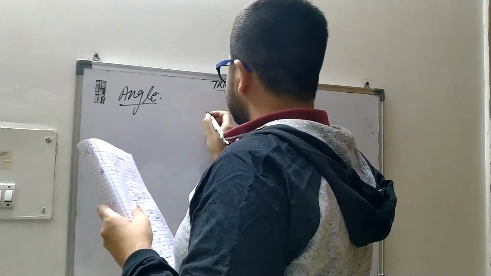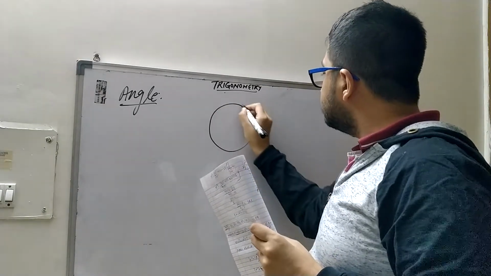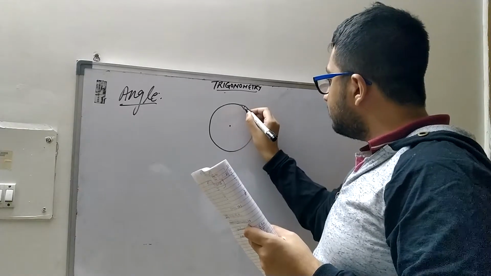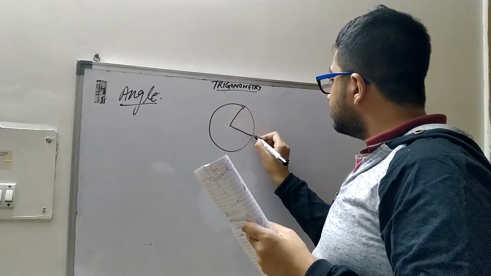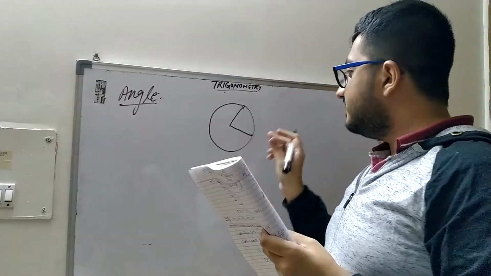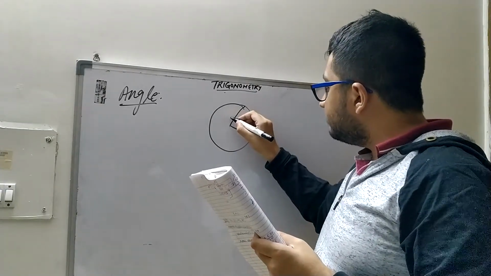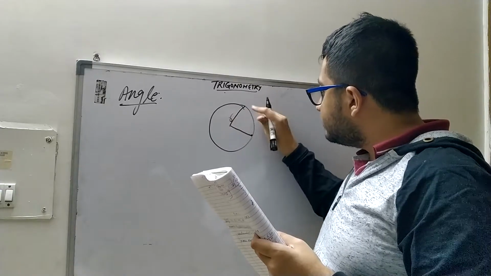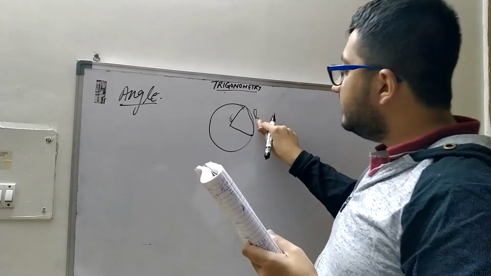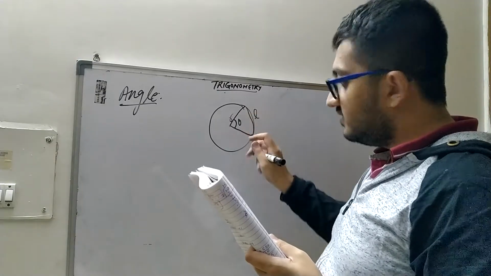Here, take a circle, and there are two radii. Here one radius we say r, and the arc is called length, and this is r, and we swept angle theta here.